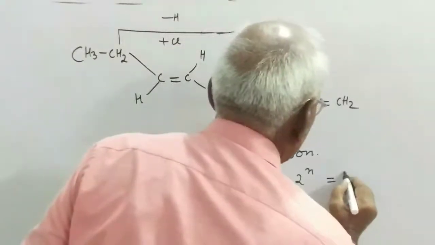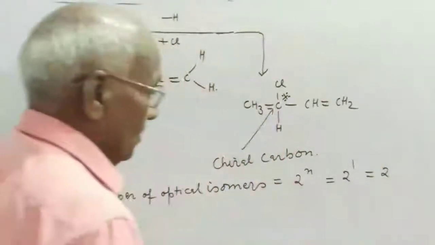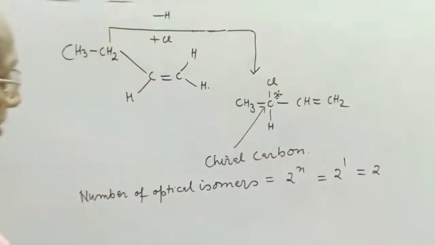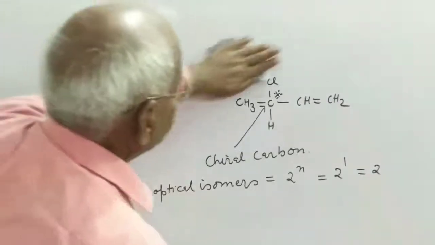So it is 2 to the power 1 equal to 2. So it will show 2 optical isomers, which I am going to show you.